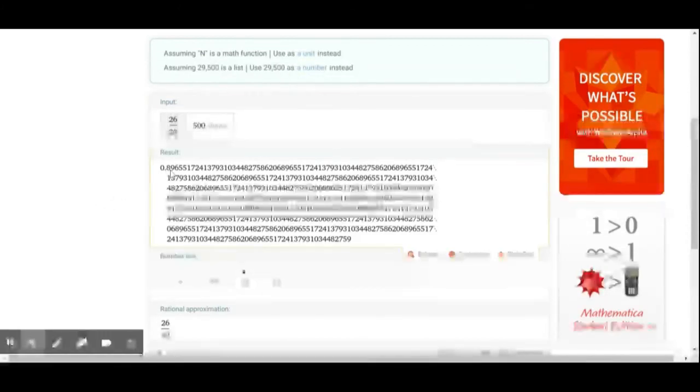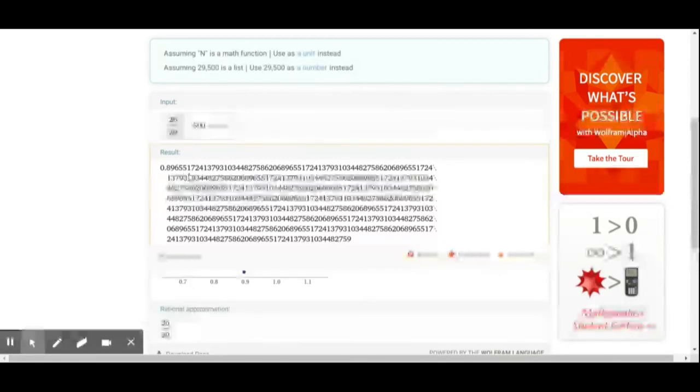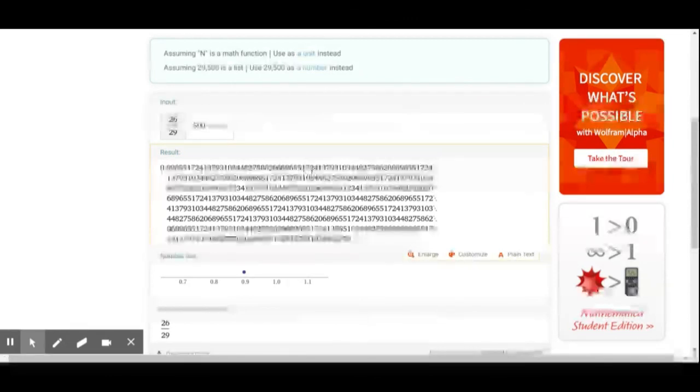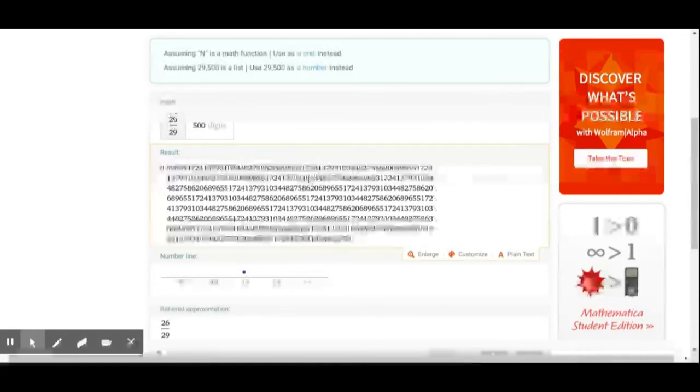Can you find where 896551 starts up again? Let's see. Oh, this is a long repeating decimal. Oh, wait a minute. 896551724. Yeah.